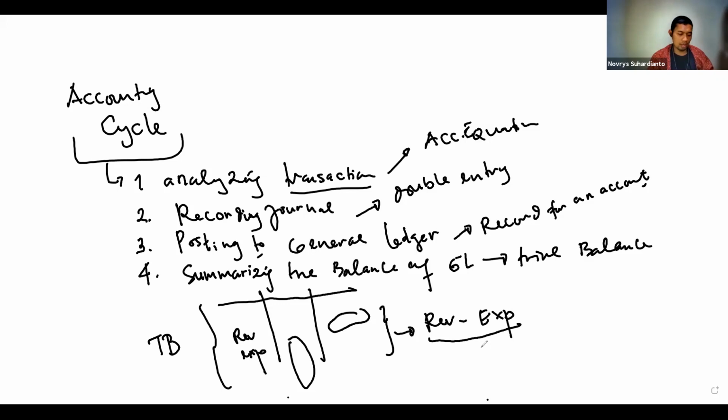Can you say that the difference between revenue and expenses on that trial balance is a net income or not? Okay, let me hear your answer. You can open your last week's assignment, and please tell me your answer for question number 5. Anyone? Please volunteer.